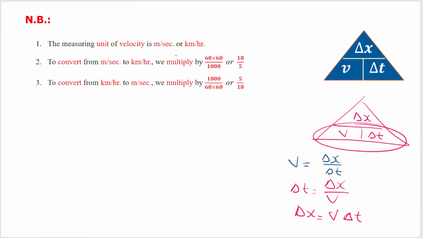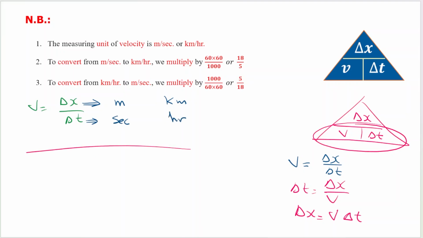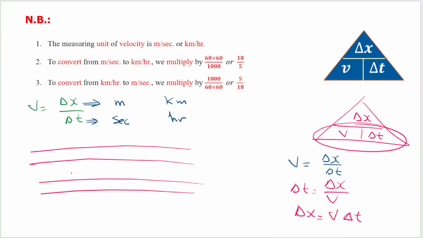The measuring unit of velocity is meter per second or kilometer per hour, because velocity is equal to displacement over time, or the change of displacement over the change of time. Displacement is measured in meter or in kilometer, but time can be measured in seconds or in hours. So we can just create a table.